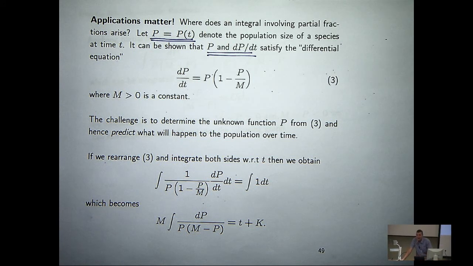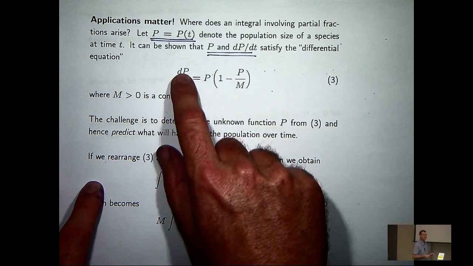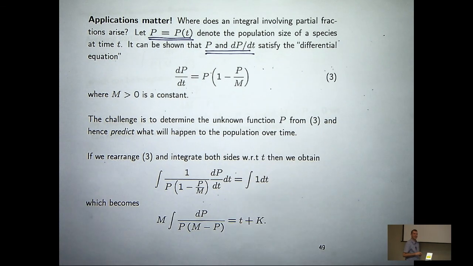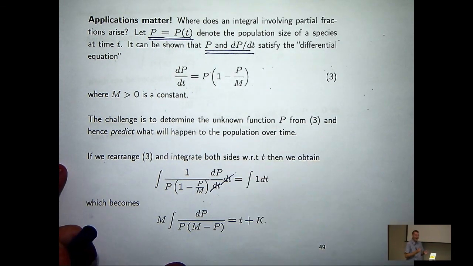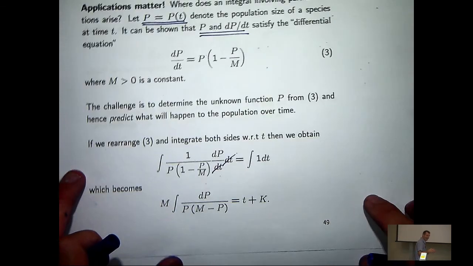Now, solving differential equations in many cases uses integration. So what we can do with this differential equation is to rearrange it and integrate on both sides with respect to t. So you get a bit of a cancellation there.